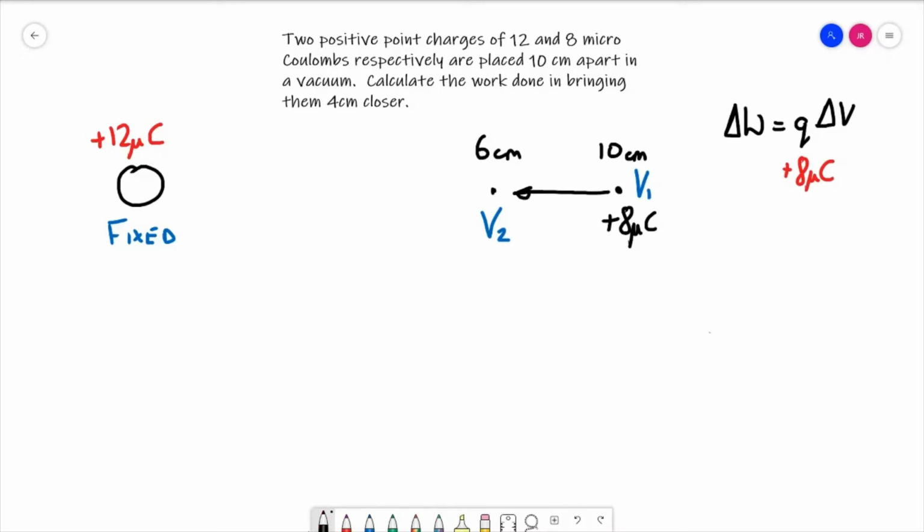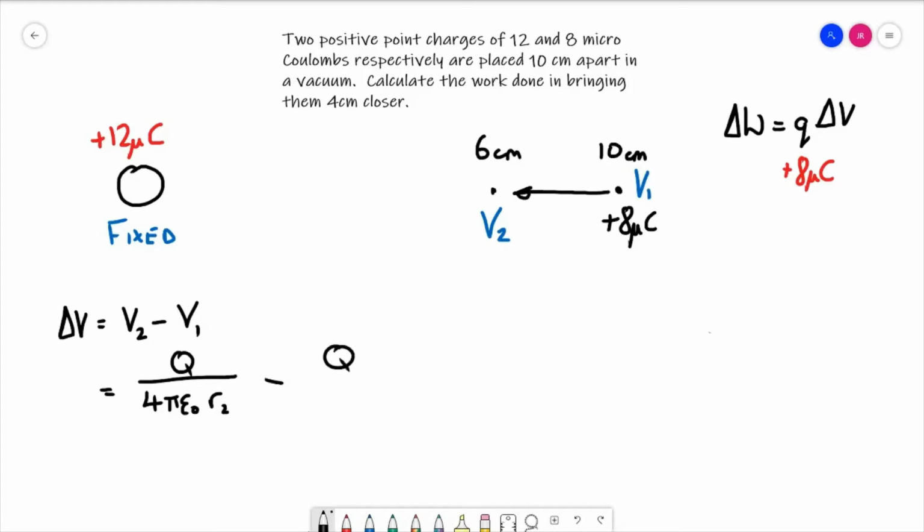The next stage then is to calculate the potential difference delta V. So we know that delta V is V2 minus V1. We can expand that out to say V2 is Q over 4 pi epsilon naught R2, and that will be 6 centimetres when we put that in.